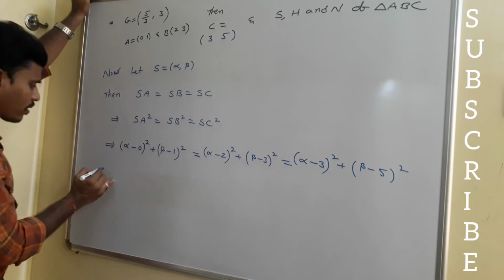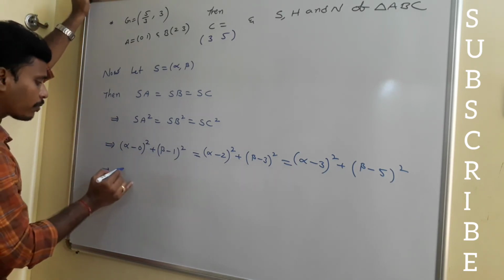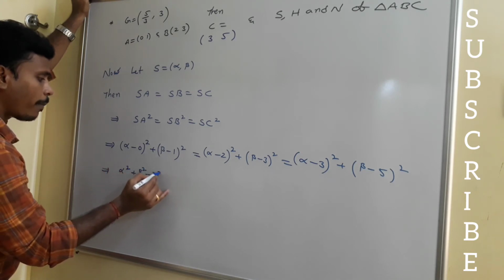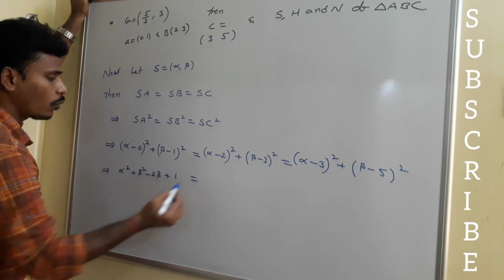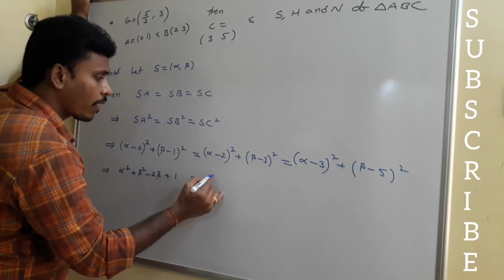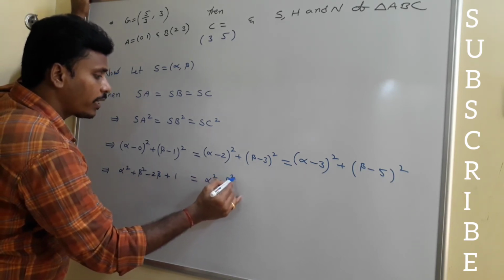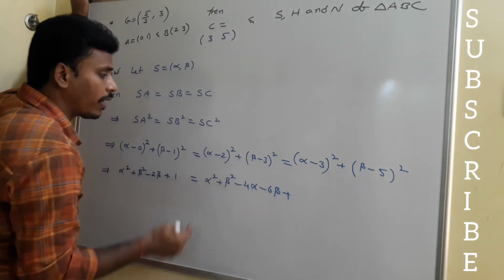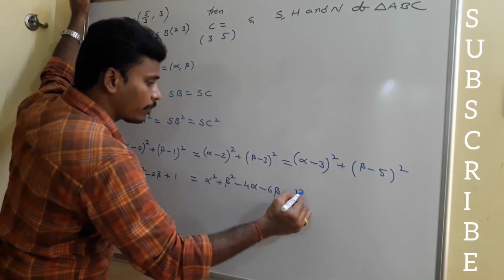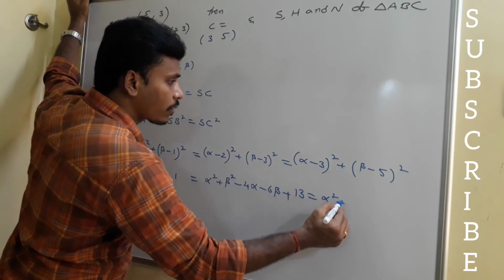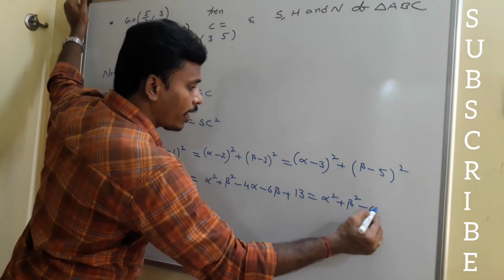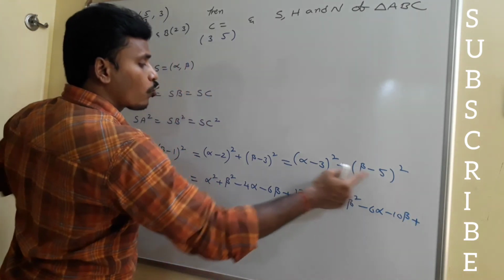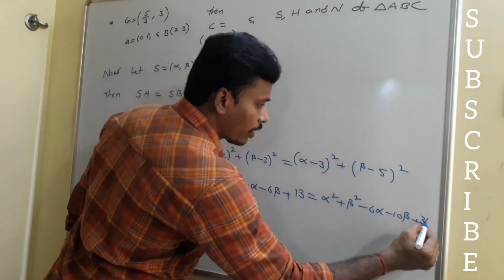So we apply the square here. Then it becomes alpha square plus beta square minus 2 beta plus 1, is equal to, and if you look here, alpha square plus beta square minus 4 alpha minus 6 beta plus 13 (4 plus 9 is 13), is equal to alpha square plus beta square minus 6 alpha minus 10 beta plus 34 (25 plus 9 is 34).